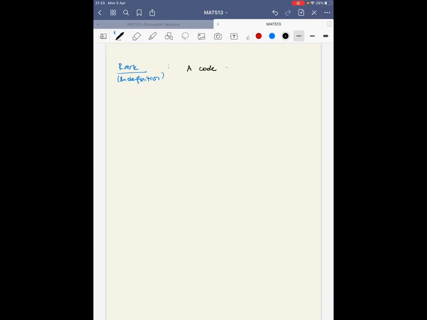If a linear code is equal to its dual, then we call it self-dual. And it is called self-orthogonal if it lies in its dual.